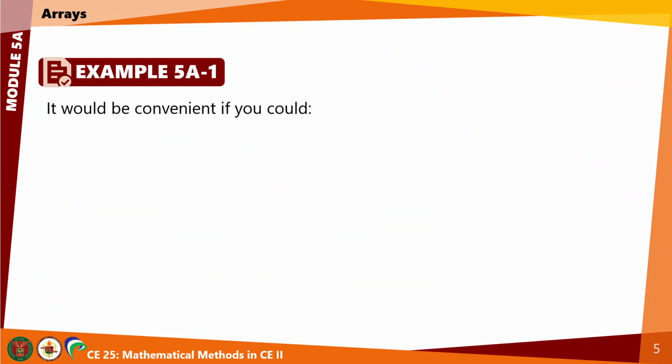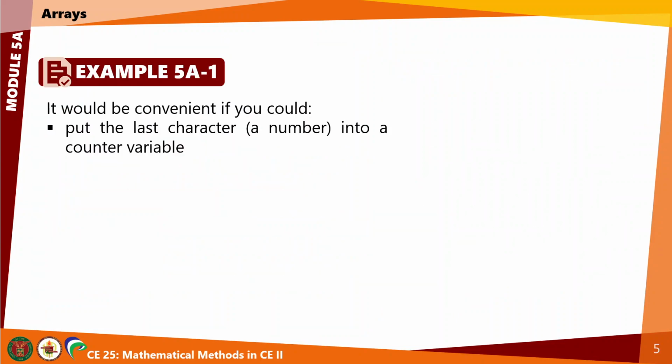How? Number 1, the last character is the only difference between our variables, right? Let's make it a variable. Let's make a counter variable. And since we have a counter, we'll be using loops.